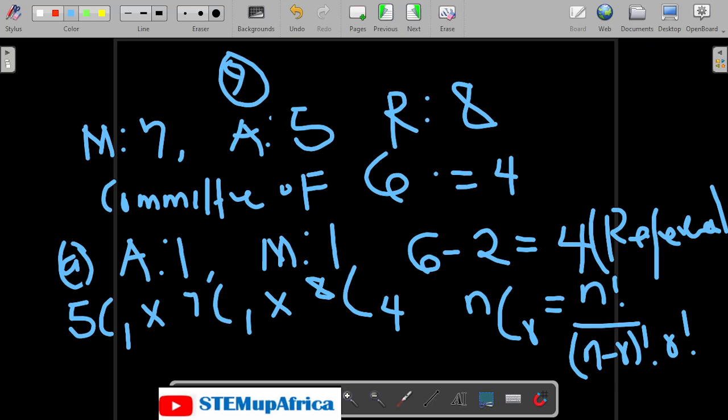If you simplify 5 combination 1, the answer should be 5. If you simplify 7 combination 1, the answer should be 7. Then if you simplify 8 combination 4, the answer should be 70.